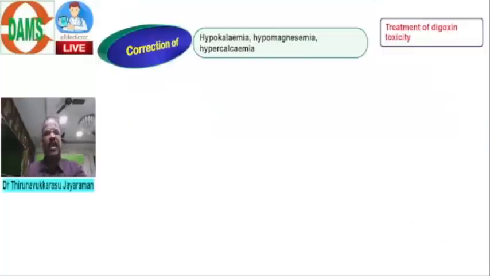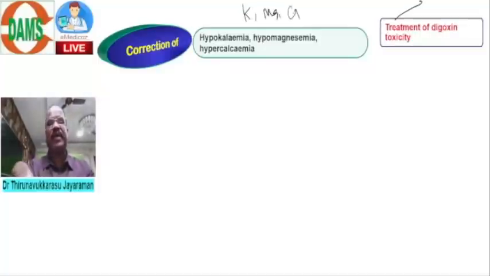Okay. Anyway, remember digoxin causes so many extracardiac problems. First of all, whenever you suspect digoxin toxicity, check the serum potassium, magnesium and calcium values, because hypokalemia, hypomagnesemia and hypercalcemia will aggravate digoxin toxicity.